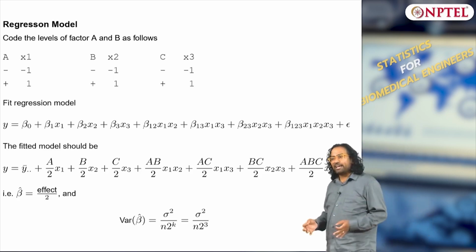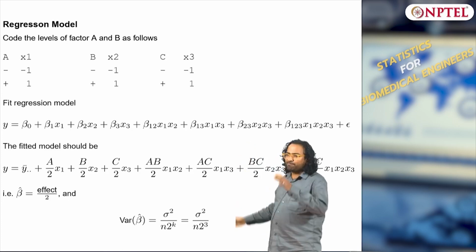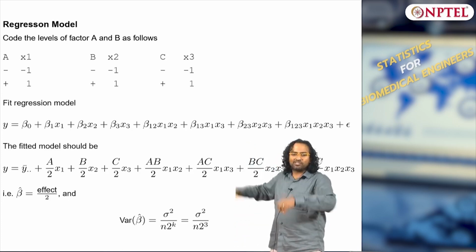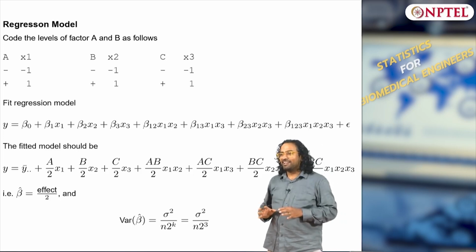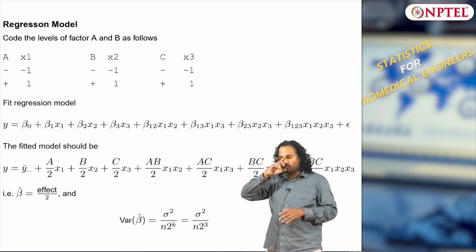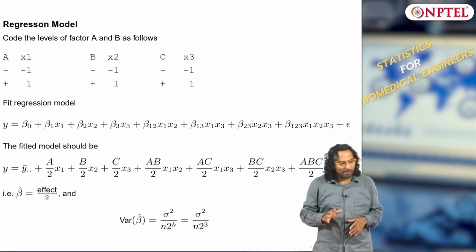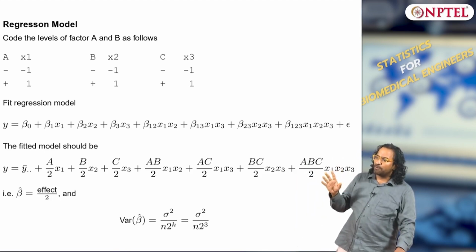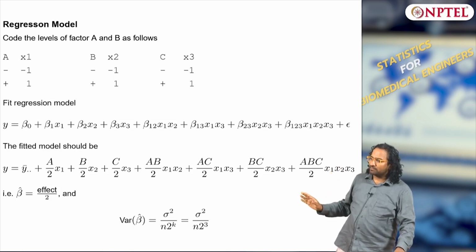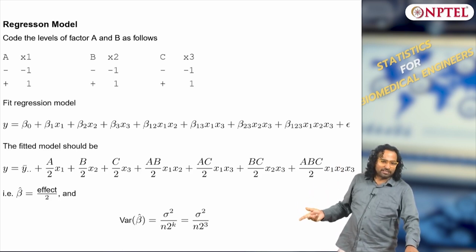So a replication is mandatory, otherwise you are fitting every parameter to a data point. If you want to fit all the parameters, replication is mandatory, because there are only 8 data points and you are asking for 8 parameters, which makes no sense.